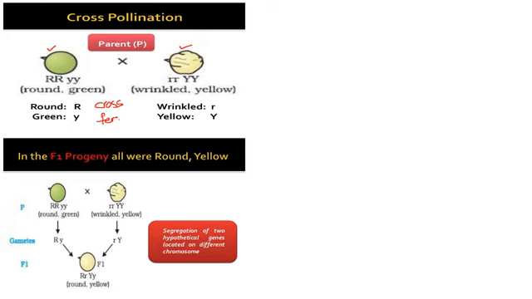So in the first case, that is capital R and capital R, small y and small y, this is the parent, and while forming the gametes, these characters will go separately. So capital R will come in this, and small y will form the other gamete. So okay, will come into this gamete.